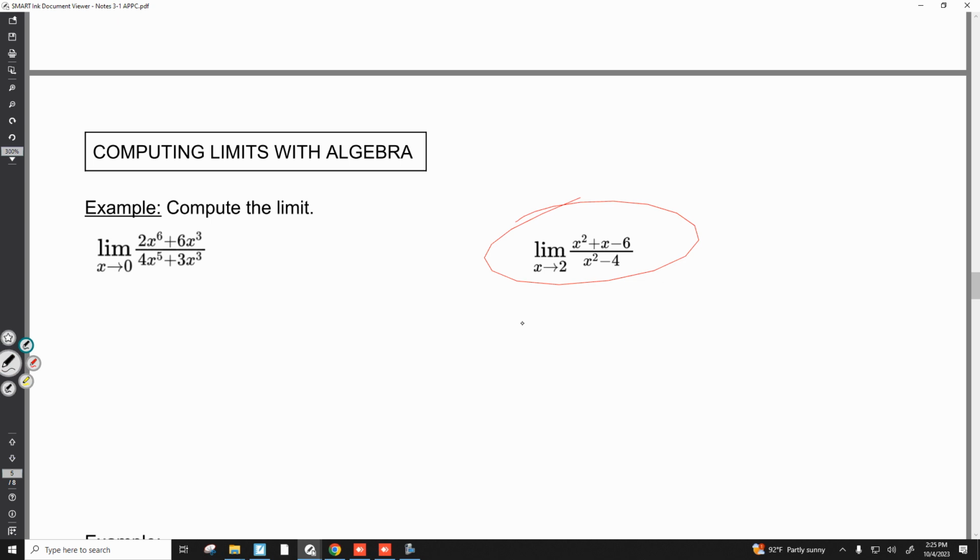Just let's start by factoring, please. But you better have the factor form down, or I'm going to be upset with you.